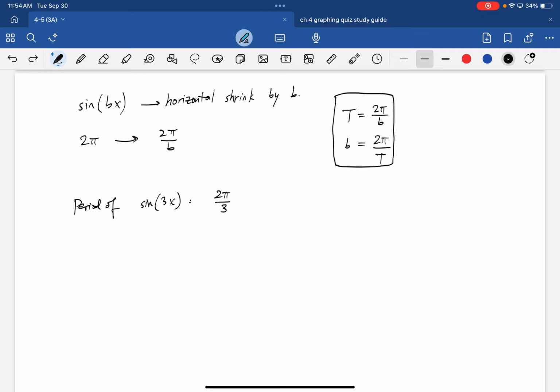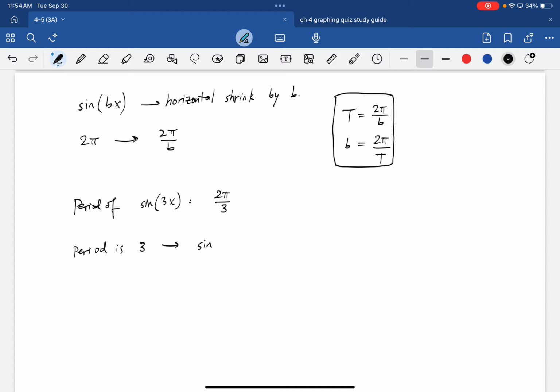On the other hand, let's say you're given the period of your sine function is 3. What would b be equal to? Well, you would just plug it into your formula.